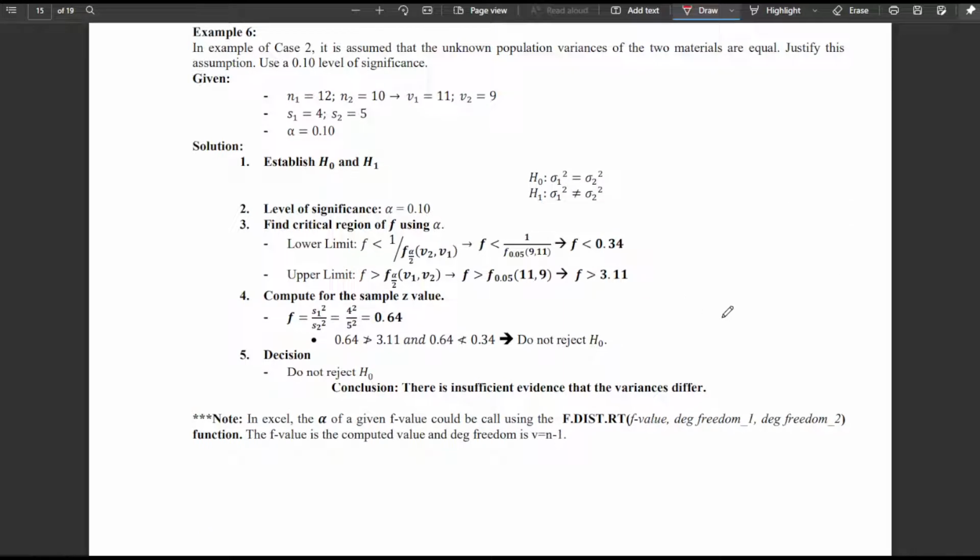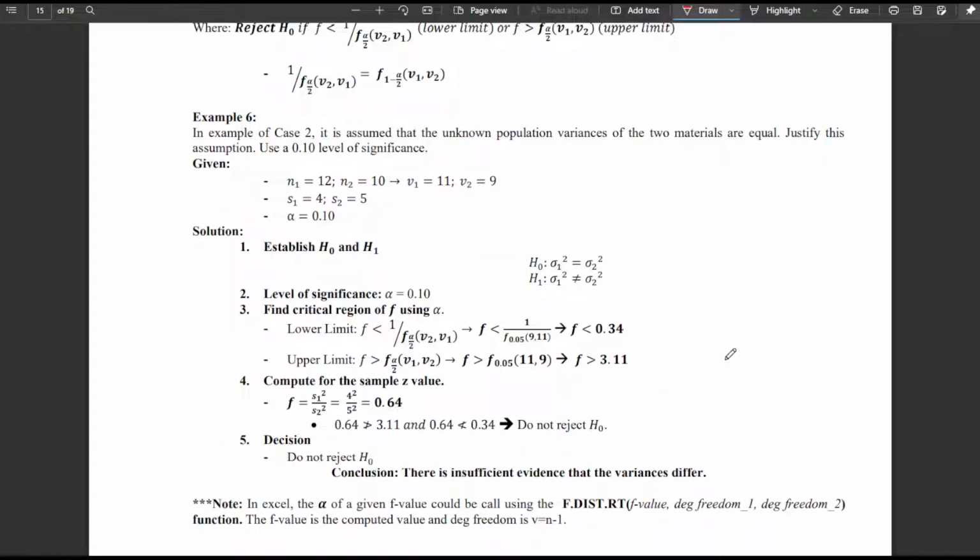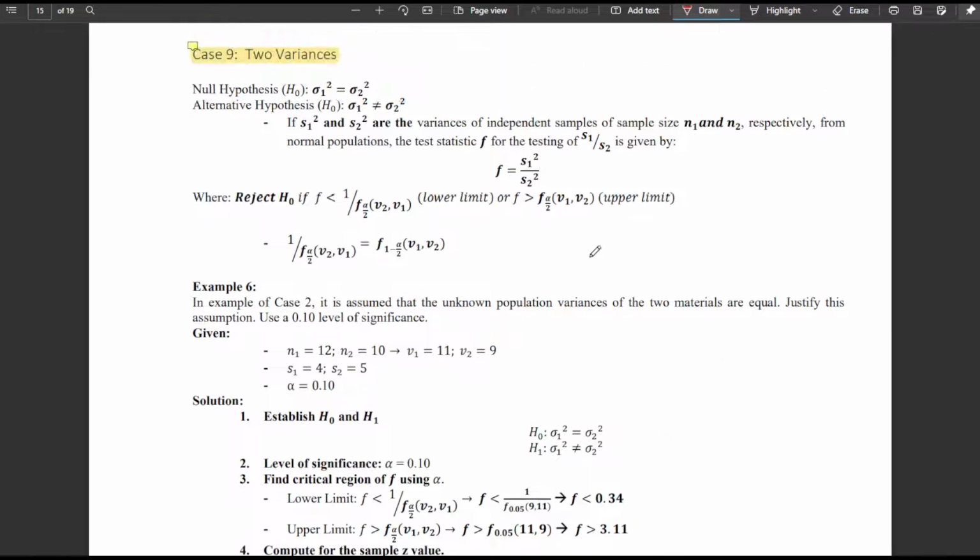And there are certain properties of our f tables, or our f values. So we can have something that looks like this. Actually, you can rearrange. So 1 over f alpha over 2, where the first one here is the numerator, we call this the numerator degrees of freedom. Sometimes in tables you can see this as DFN.